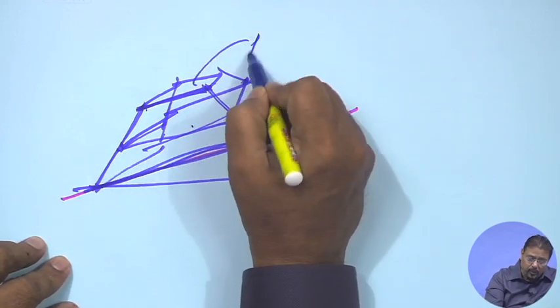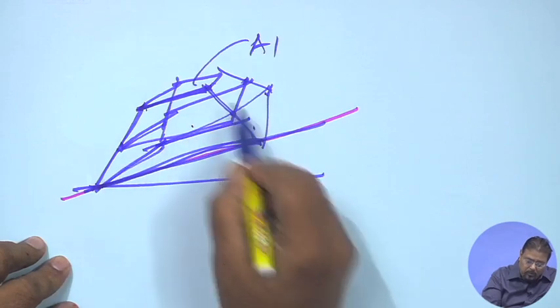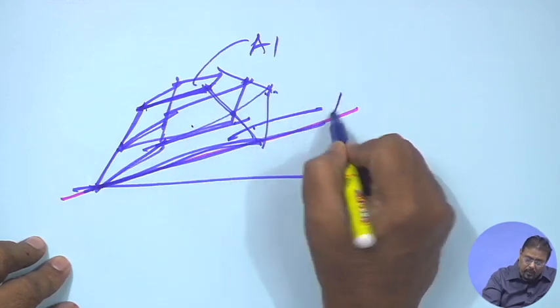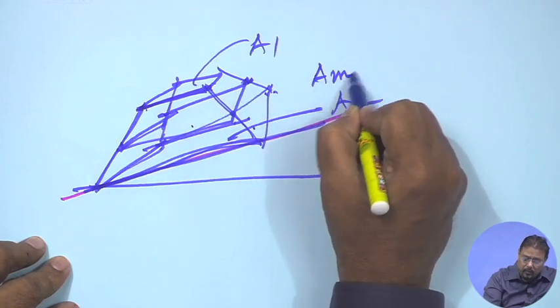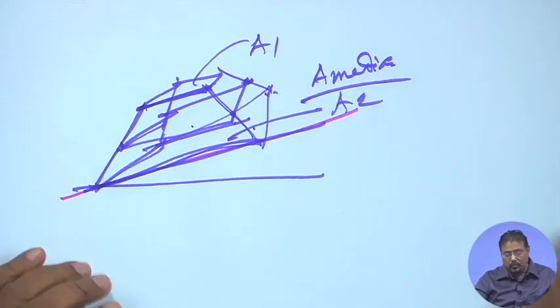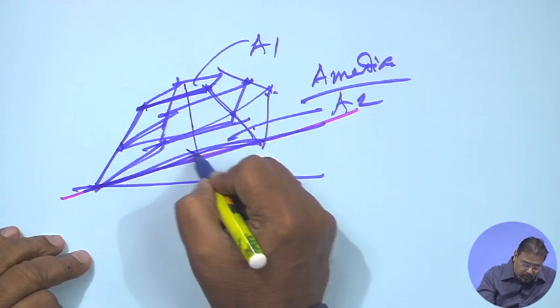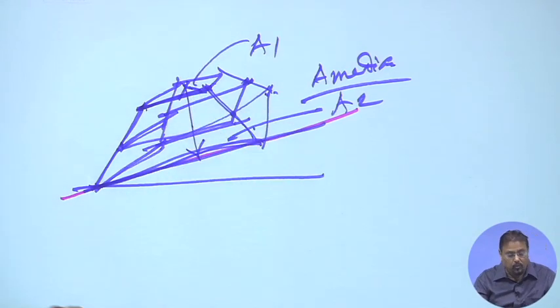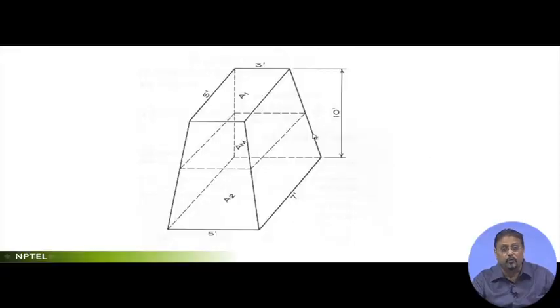So, the first one is A1, area 1, and also find out the base of this, and that is area 2, and this one is area median. So, it is a median which you have found out. And once you have these three areas, now you have to find out the average of this, and then the average height that you have to consider, which is 10 feet, like in this particular picture is shown.